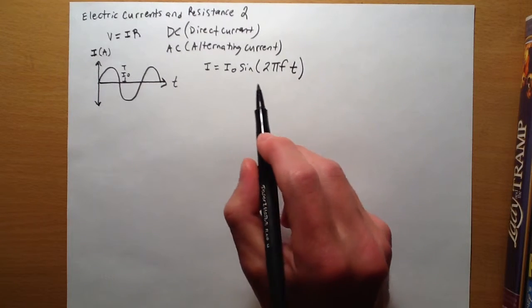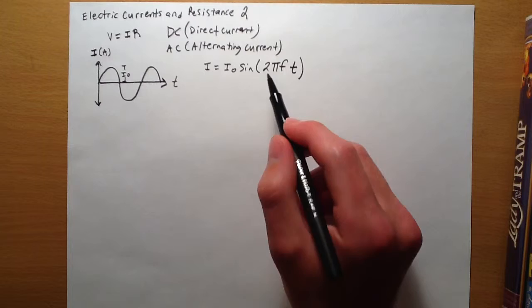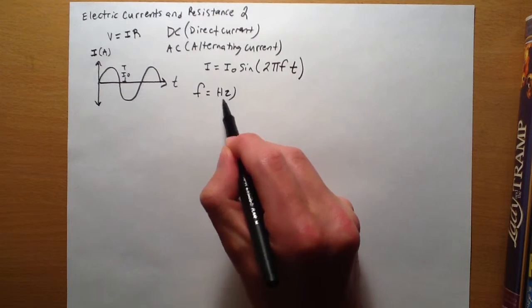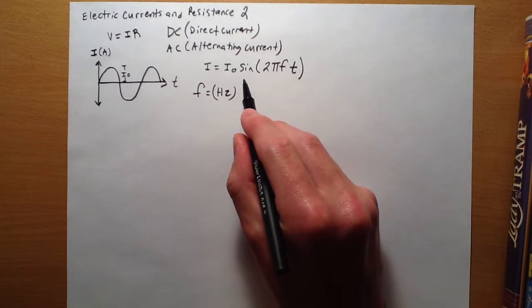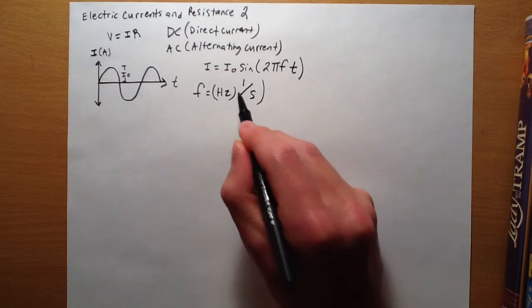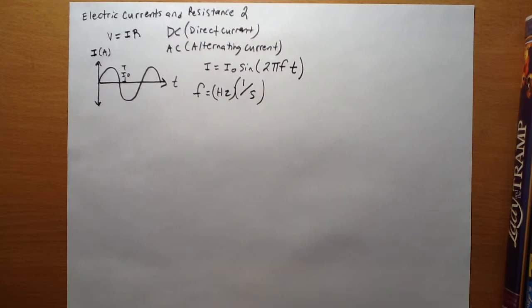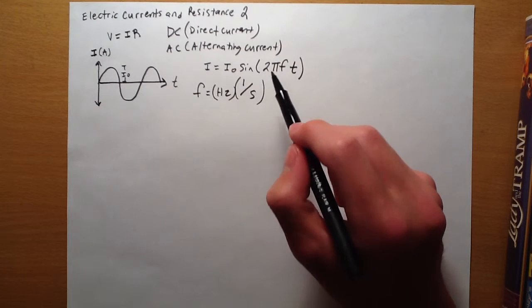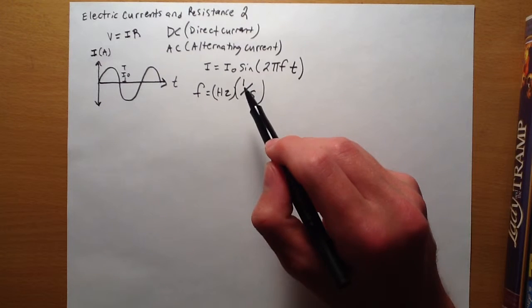So, why do we say 2 pi times frequency? Frequency, we know, has units of hertz, which is 1 over a second. So frequency represents the number of cycles per second. From pre-calculus, you know that multiplying 2 pi times frequency gives you radians.